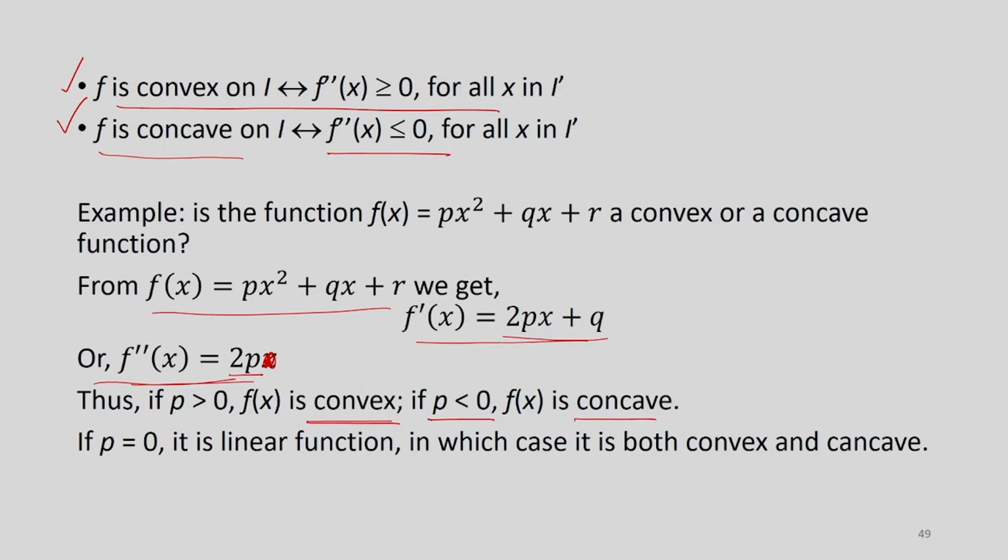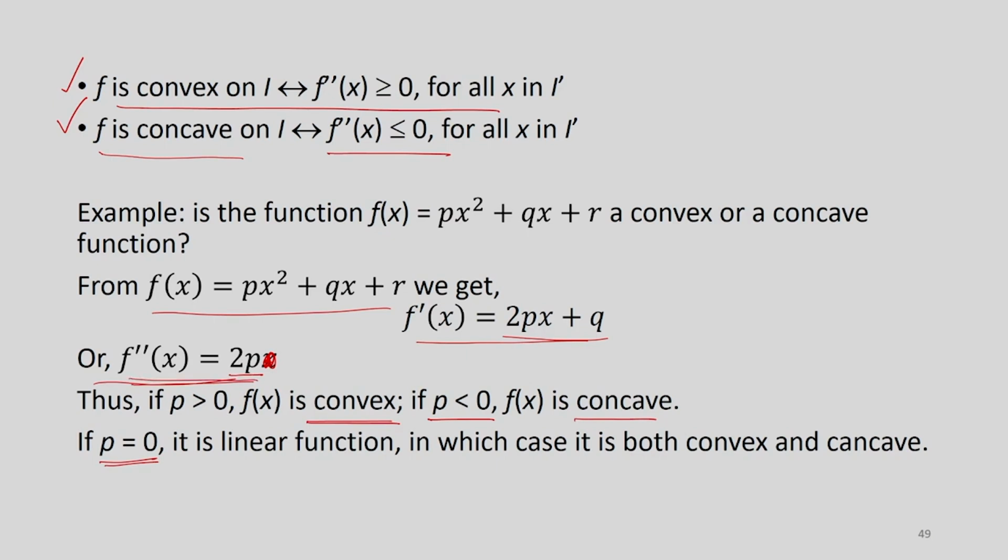Now, one might ask that suppose p is neither positive nor negative, then what is the conclusion? So, if p is equal to 0, then it is neither positive nor negative. Then actually what we see is if p is equal to 0, then this second derivative becomes 0.